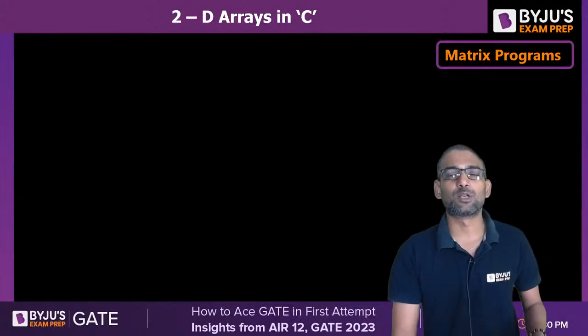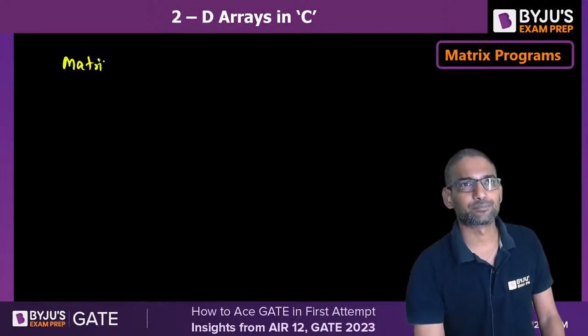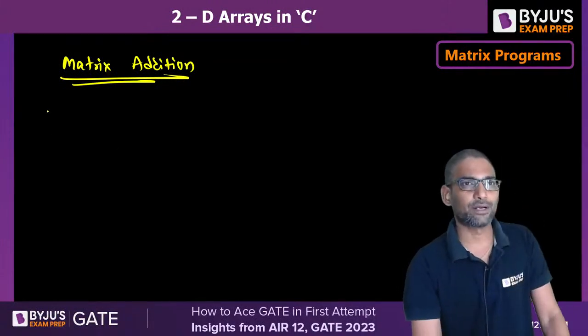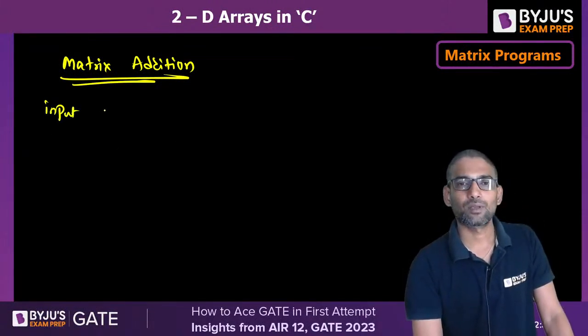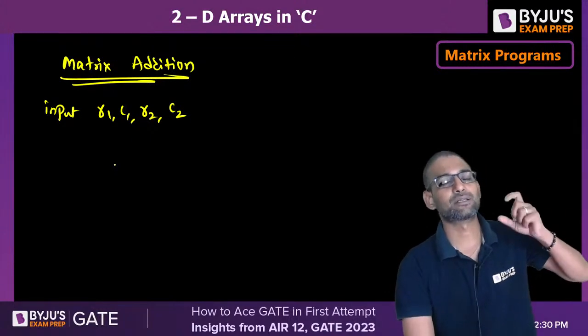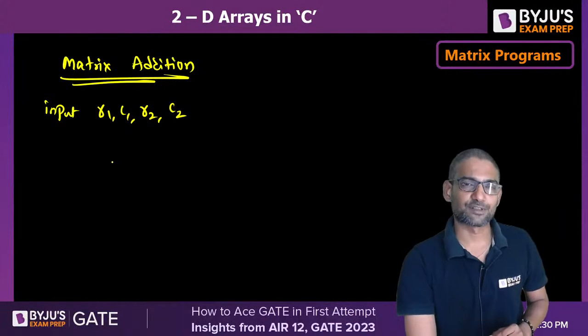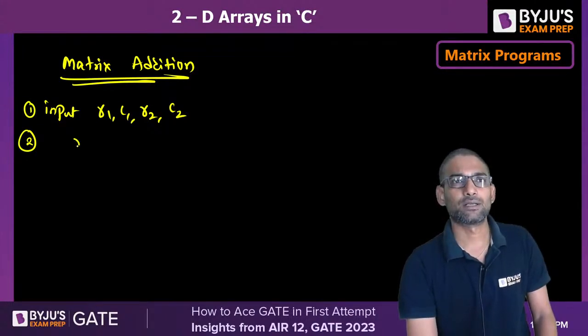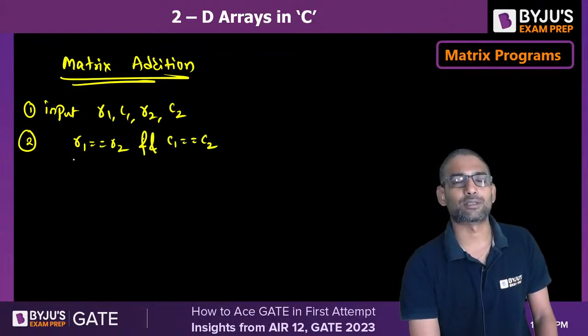So how can I develop the logic for matrix addition? I will give you the algorithm. I am leaving this work for you as practice. First, input R1, C1, R2, C2. That means the number of rows of the first matrix, number of columns of the first matrix, number of rows of the second matrix, number of columns of the second matrix. Then check: is R1 equal to R2 and C1 equal to C2 or not?